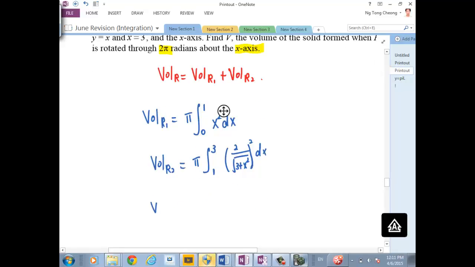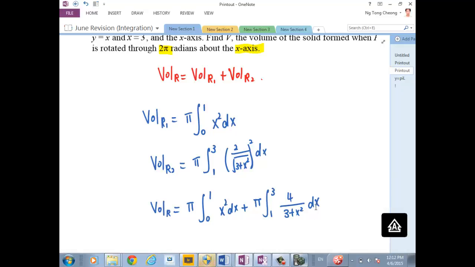So basically the total volume is just the sum of the two. Then the same thing, I'm going to look at the question. They only asked me to find the volume, so I'm not going to do the integration. I'm just keying into my GC and asking my GC to give me the answer.